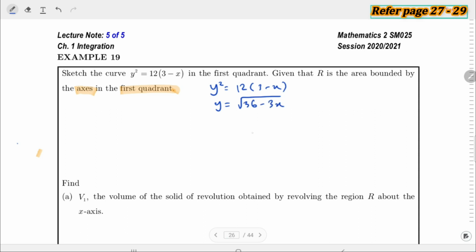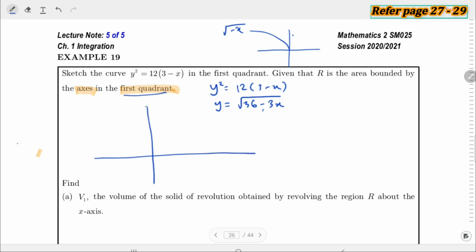So this graph is a positive square root graph with x being negative here, so something like this. Please ignore the notification sound. Since the question tells us about the first quadrant, when you find the domain of this, you'll get x must be less than 3.